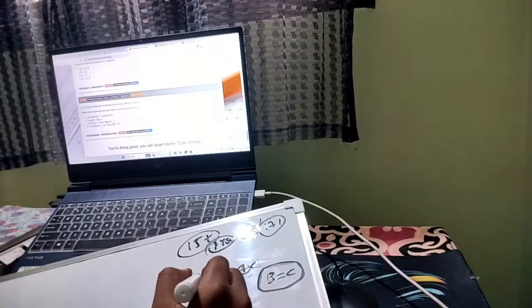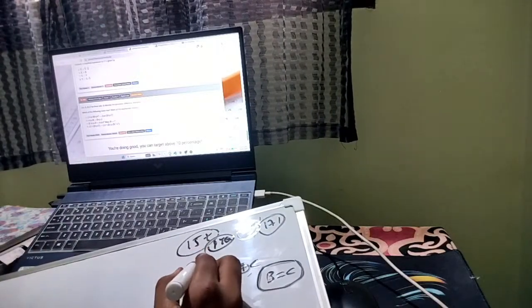So it definitely should be equal. Why? Because if these both are not equal, then B may contain any values.